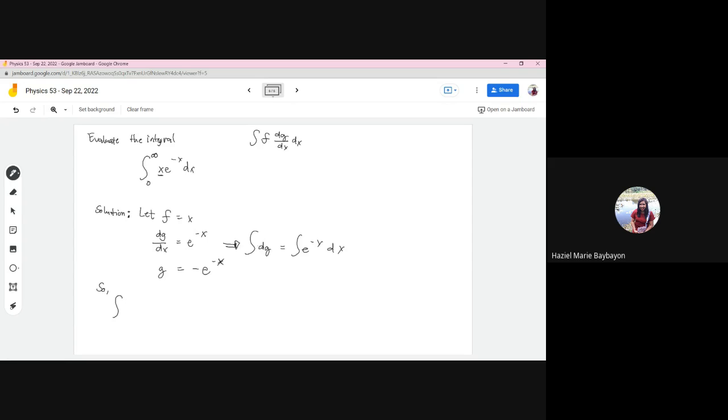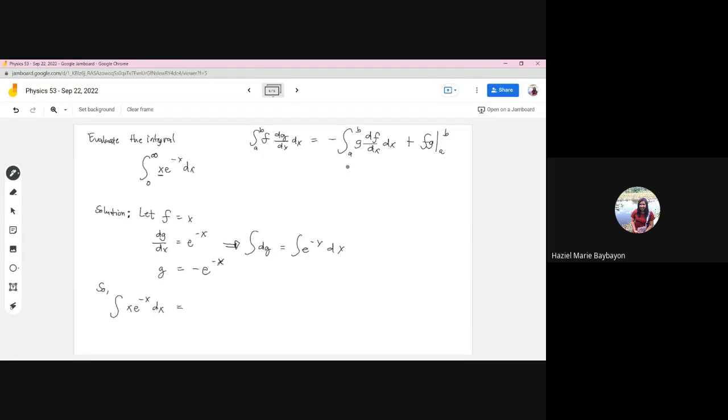the integral of x e to the minus x dx is equal to, so ito siya, negative of the integral of g multiplied by df over dx times dx plus f times g evaluated from a to b. This one is from a to b also.